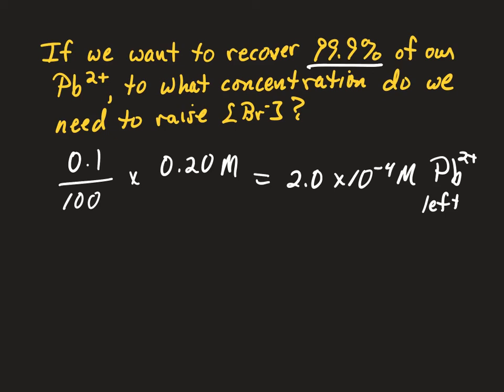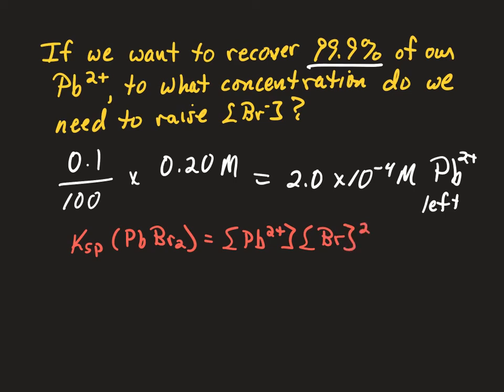Okay, so if we use the KSP of our lead 2 bromide, it is going to be equal to the concentration of lead times the concentration of bromide ion squared. Remember the stoichiometry of that dissociation. And we said that was equal to 4.67 times 10 to the minus 6.